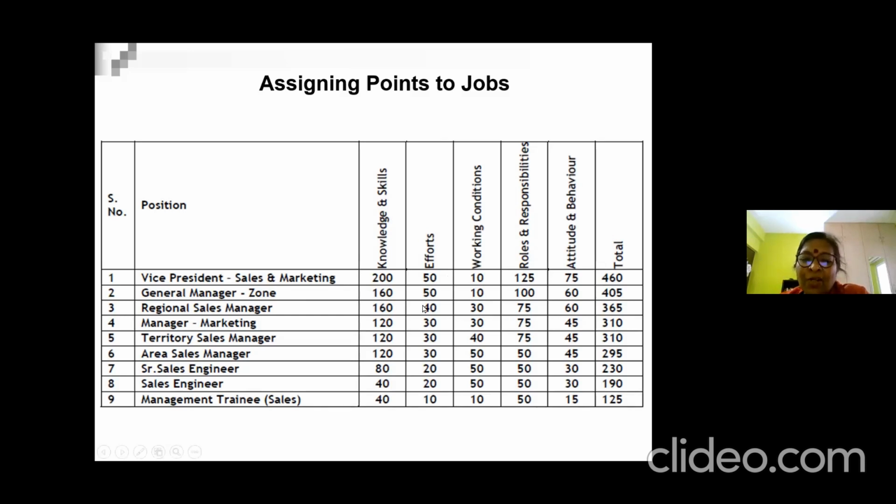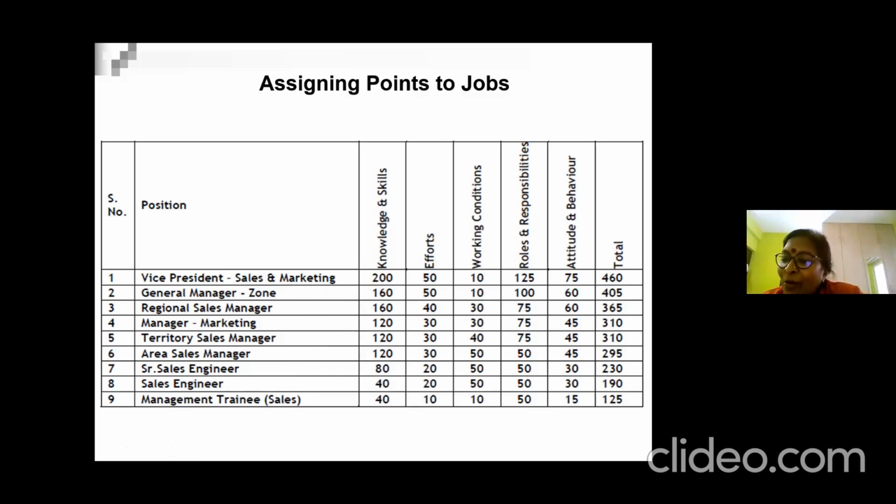These are all the total point values for the jobs. So Vice President Sales and Marketing is 460 and General Manager Zone is 440. What will come to your mind? So the difference is very low and they are in a similar range. The difference is only 10, 20.